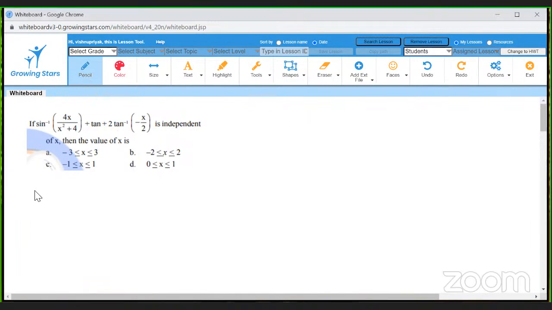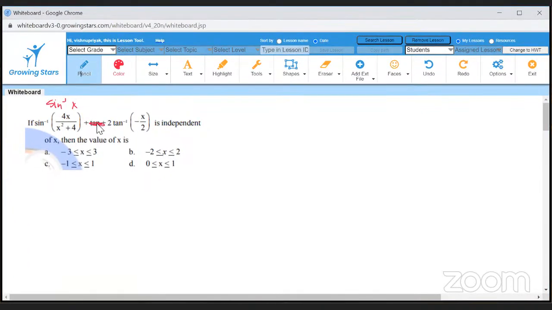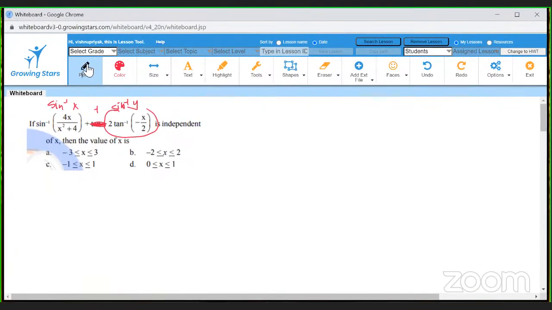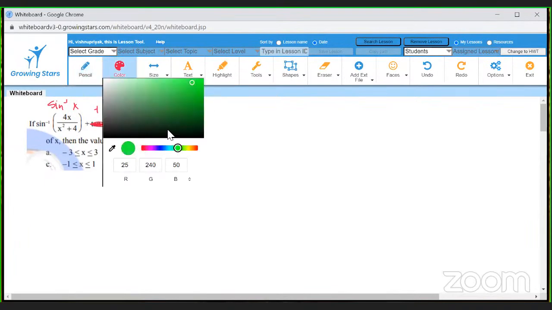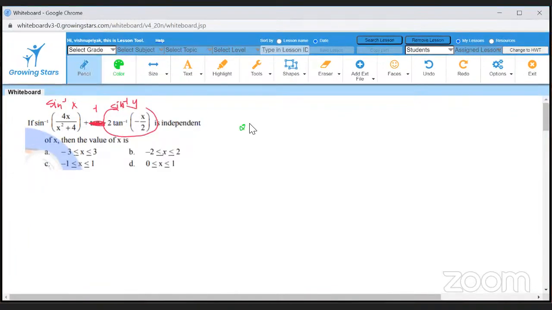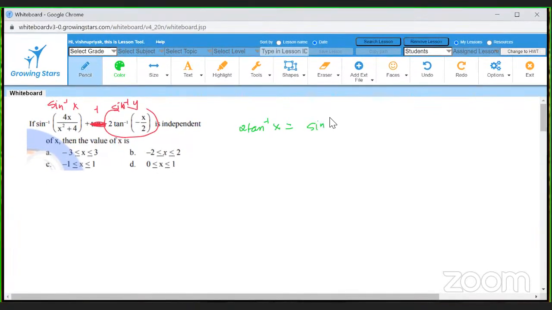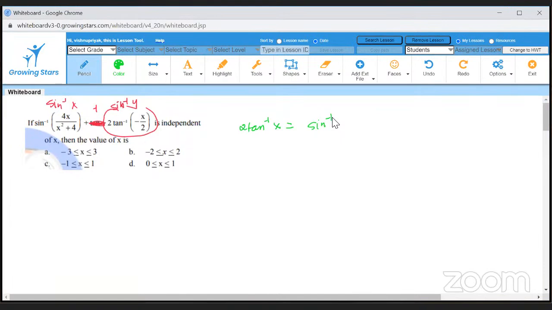Okay, let me tell you quickly. We have to get it in the form sine inverse x plus sine inverse y. So this I have to change. How to change? I have a formula. I gave you many formulas, so you must know. How will you change 2 tan inverse to sine inverse?